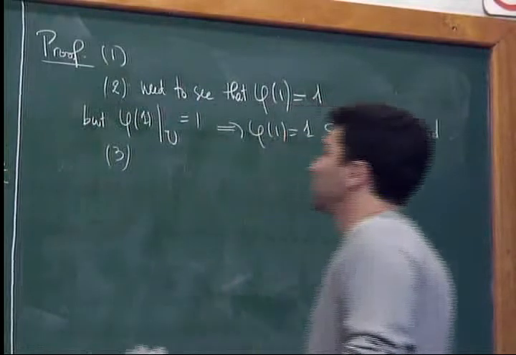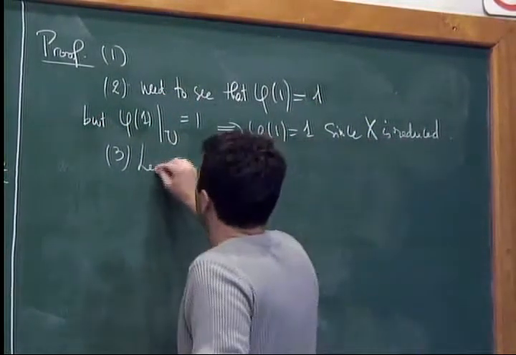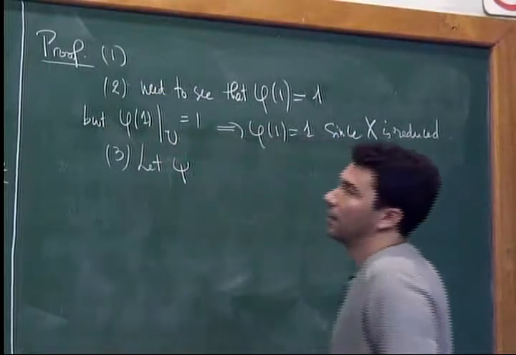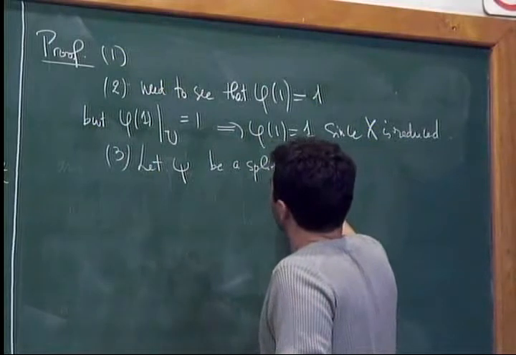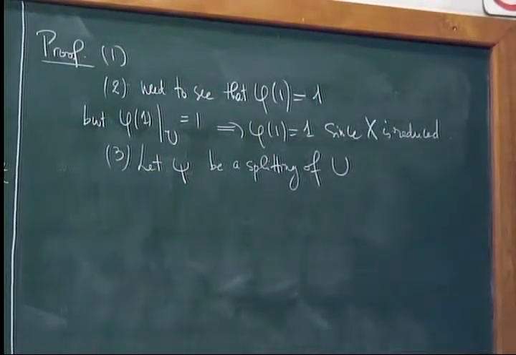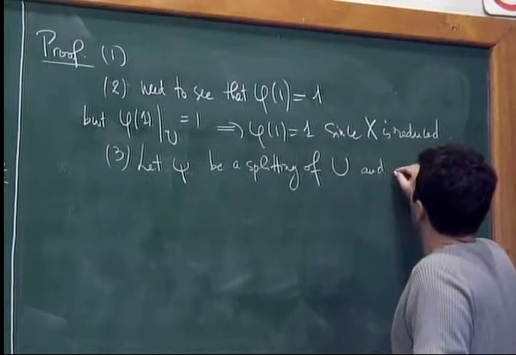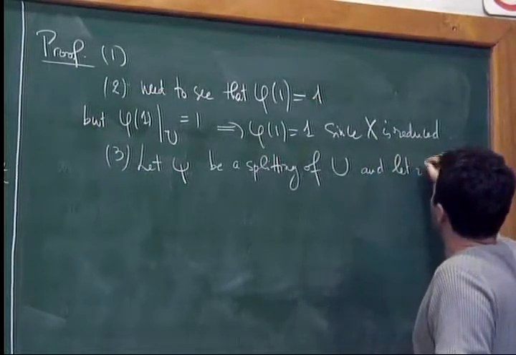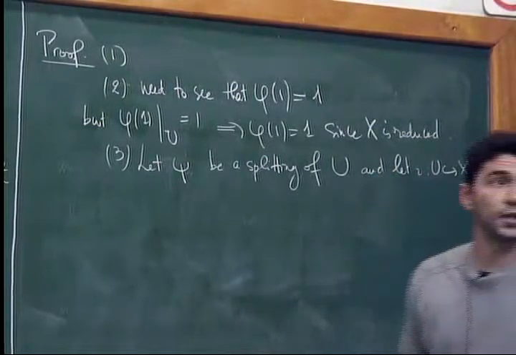Okay, so for the third point, let psi be a splitting of U, and denote by I the inclusion of the open subset.